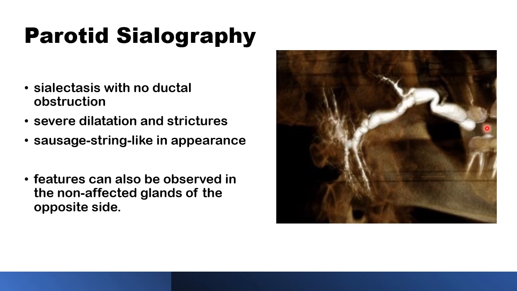These are the characteristic features of the parotid sialogram in juvenile recurrent parotitis, and this imaging modality can also help in classifying the condition as mild, moderate, or severe according to the extent of the disease into 1/3, 2/3, or the whole of the parotid gland.